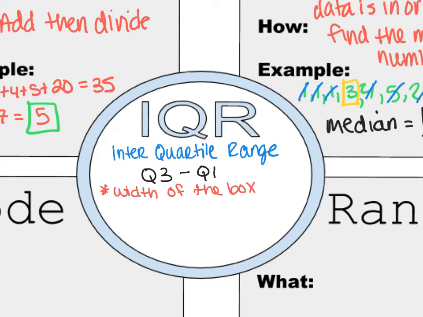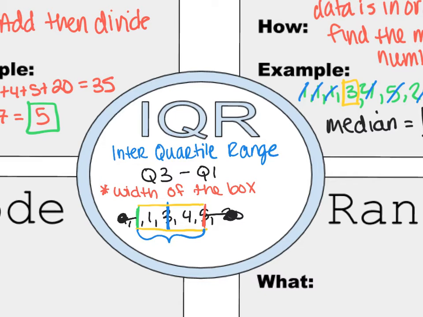So if I had a box and whisker plot and I had this data, 1, 1, 1, 3, 4, 5, and 20, and I found the median, which we said was 3, then I want to find the quartiles. Quartile 1 is the median of my first half, quartile 3 is the median of my second half. So this is my box, and these become my whiskers. So the interquartile range is this length.